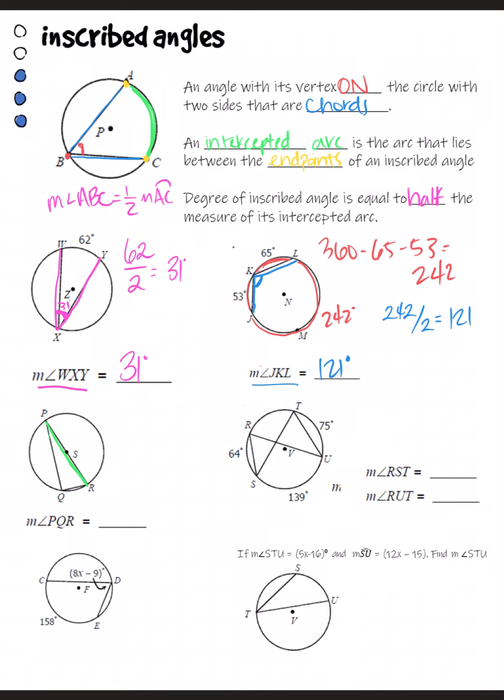So if you can't tell, whenever you create a triangle like this using the diameter, my green line, then this angle, not touching the diameter, is always going to be 90 degrees.